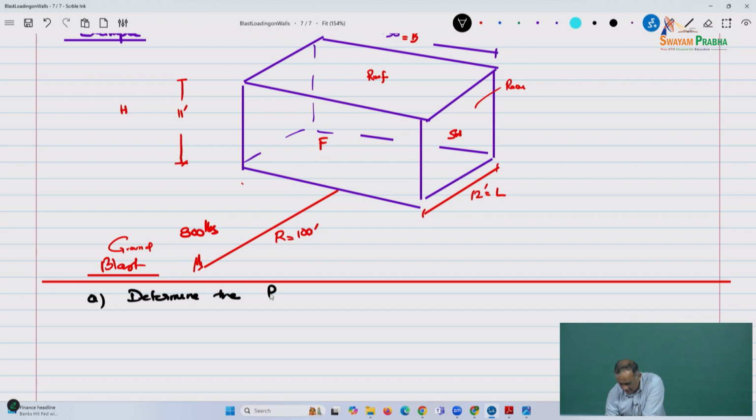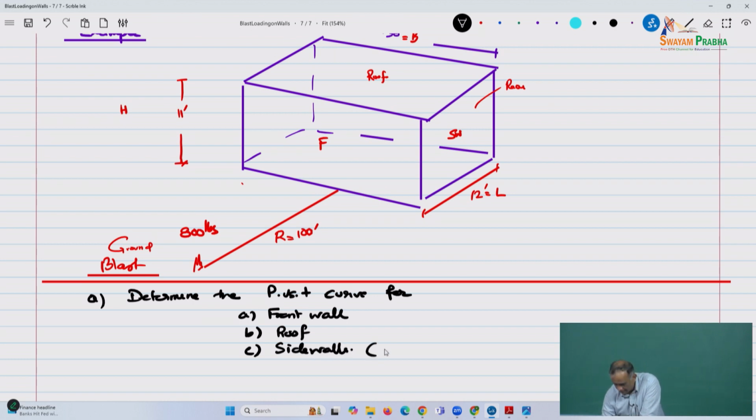The P versus T curve for the front wall, the roof, not necessarily in that order, I don't know which way I'm presenting, but side walls, basically the front part.